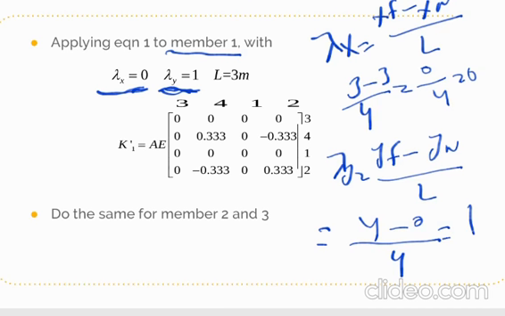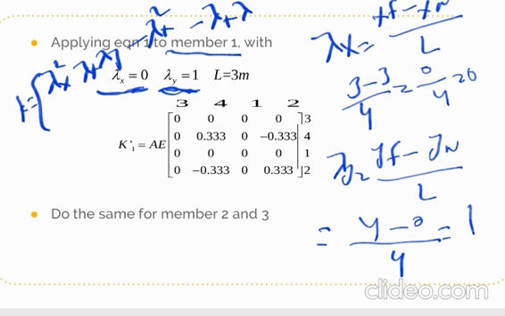Now, after I find the value of lambda x and lambda y, you can go to the K matrix. We need only for lambda x square and lambda x and lambda y, minus lambda x square, minus lambda x and lambda y.